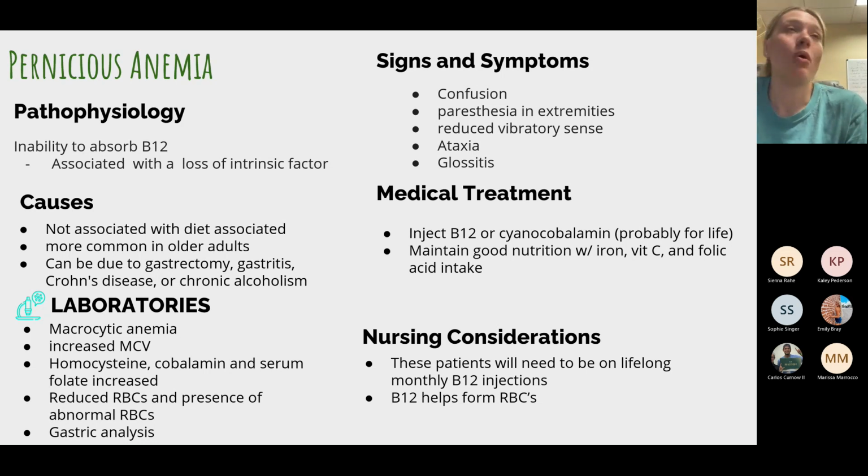So I can give them all the vitamin B12 that I want, but if my intestines cannot absorb it, I can't use it. That's why these patients need injectable B12, so it goes straight into the bloodstream. Because when we eat stuff, it goes to the intestines, is absorbed in the intestines, then goes into the bloodstream. But my intestines aren't absorbing it. Therefore, I've got to get an injection.